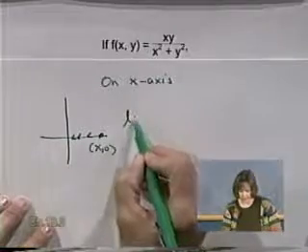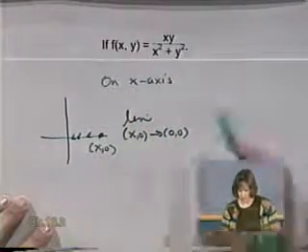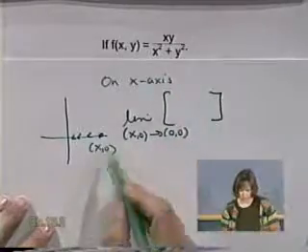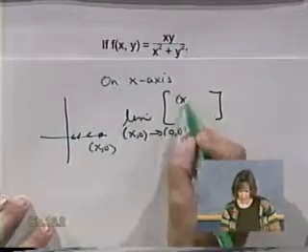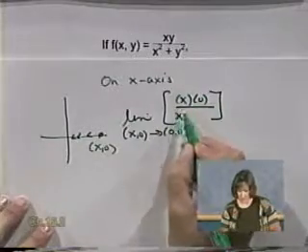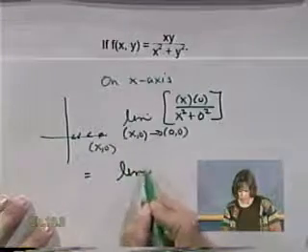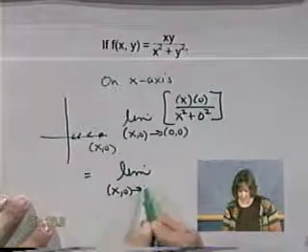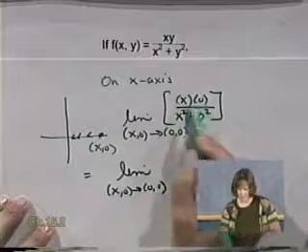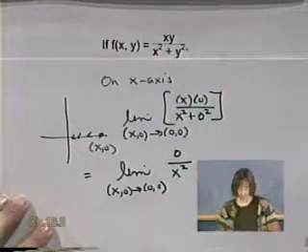So we're taking the limit as (x,0) approaches (0,0). For x, I'm plugging in x. For y, I'm plugging in 0. And I get the limit of x times 0, which is 0, over x squared plus 0, which is x squared.